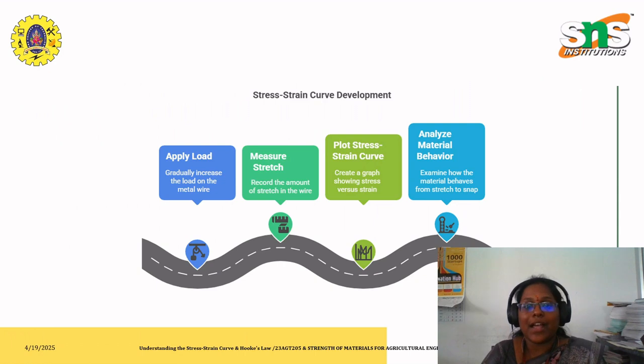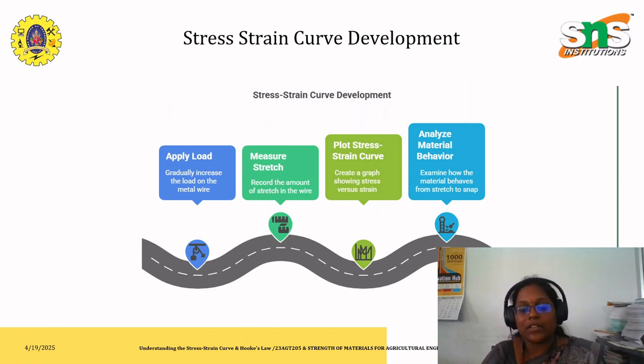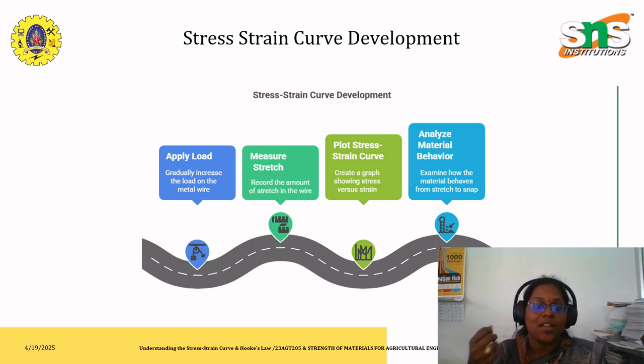Here I have shown you a stress strain curve development. Whenever there is stress and strain, there will be four steps. Initially we apply the load. That load gradually increases on the metal wire, and as I said in the previous slide, you have to record the amount of stretch in the wire.